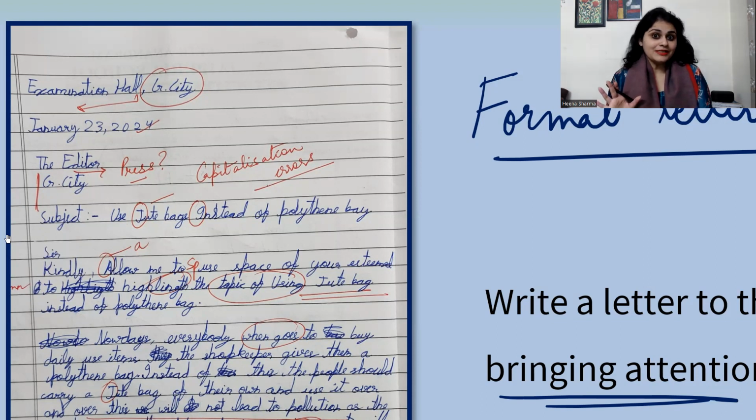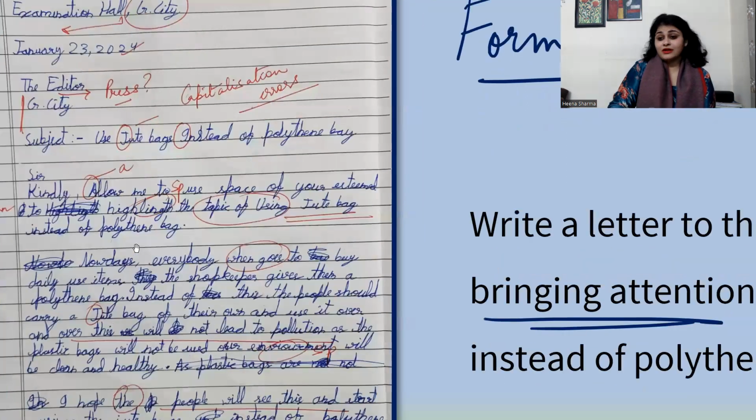It could not be dear sir. So here the child is absolutely right. Now, after kindly, the child has written a comma, which was not required. So punctuation errors again. Now, allow is again capitalized, which should not have happened. And of course, you can see a lot of spelling errors.